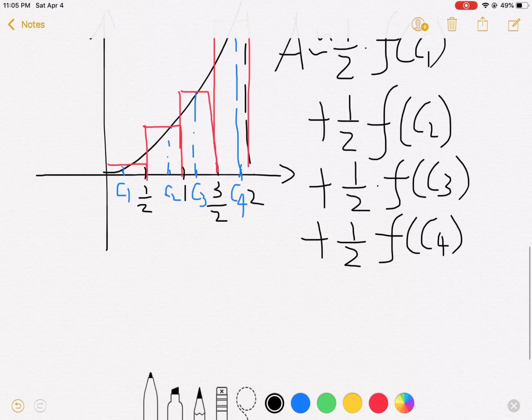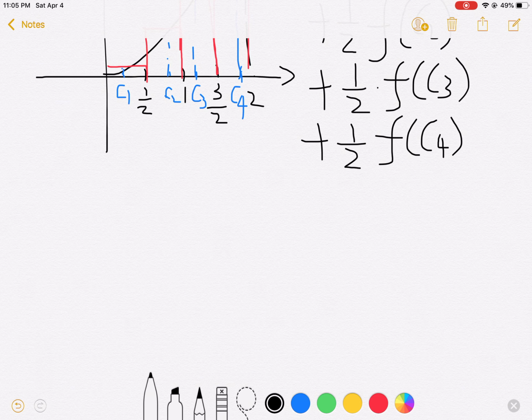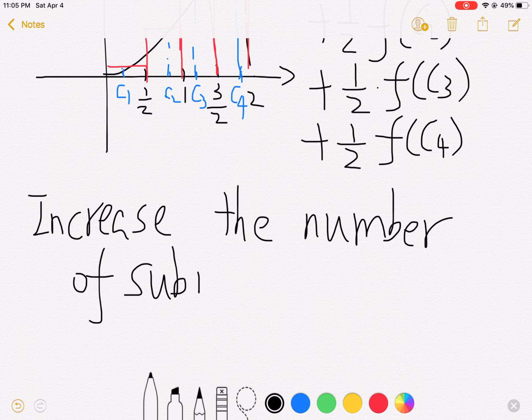Okay, so if you want to get a better approximation, the idea is we can increase the number of subintervals. Here the number of subintervals is 4.